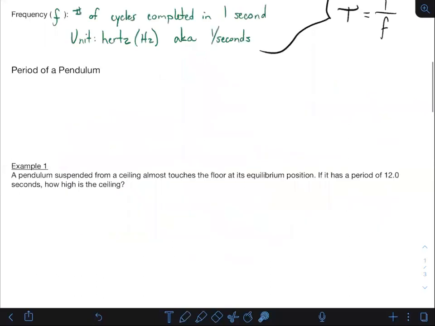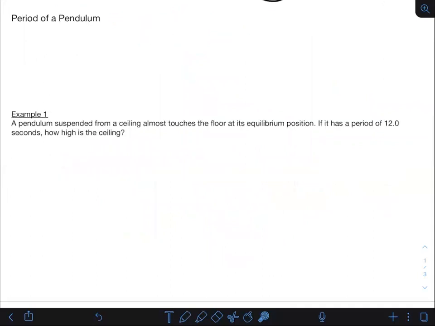All right, so now that we got that vocabulary out of the way, let's actually get to the meat of this lecture, where we want to talk about period for our various simple harmonic motion systems. So let's start with the pendulum.